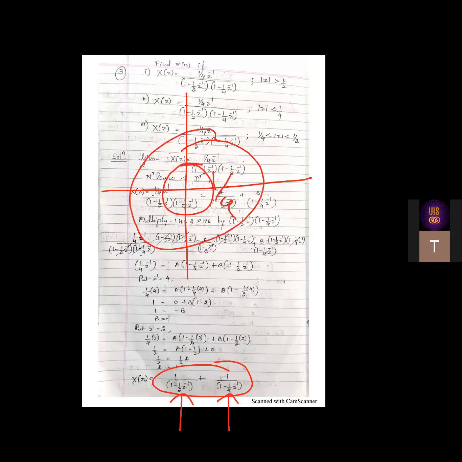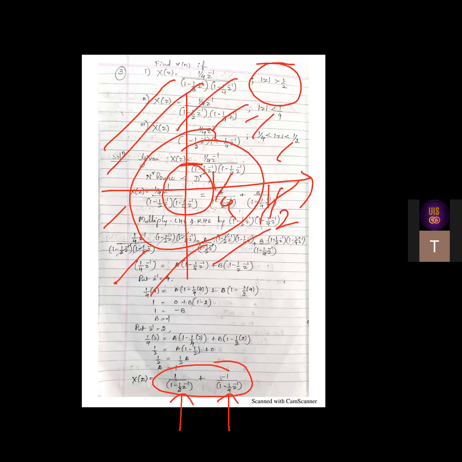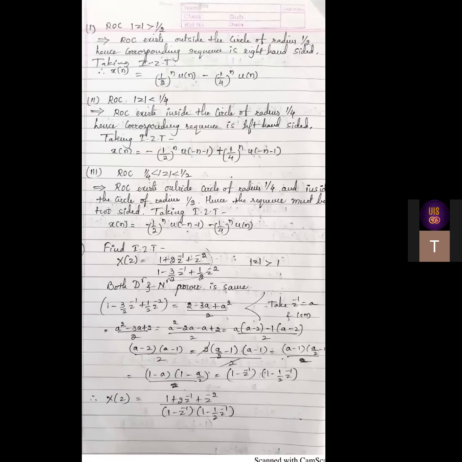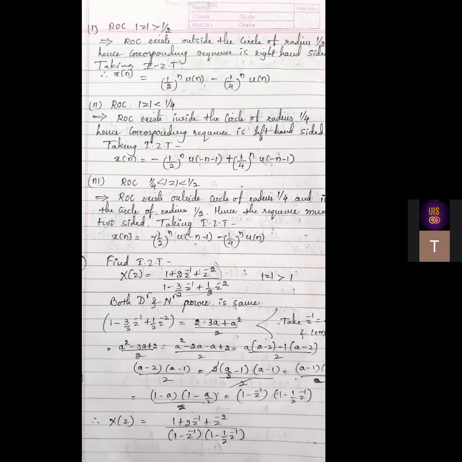The inside one is 1 by 4, the outside is half, and as the ROC is given as greater than half, it is outside the circle totally. So for the first one, the ROC is outside the circle of radius half. This is the given thing.